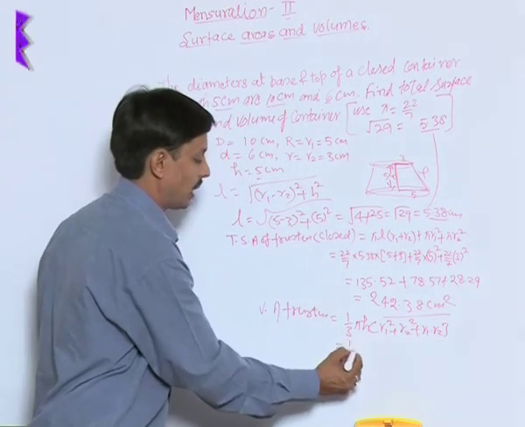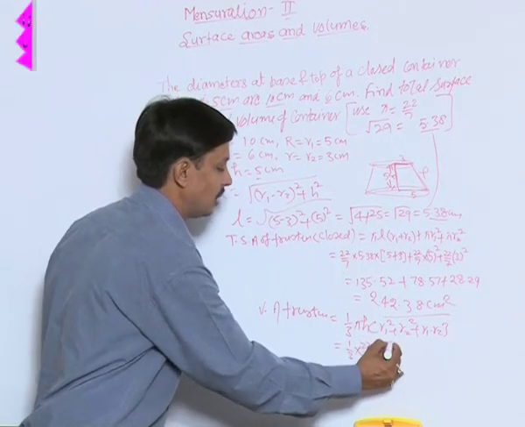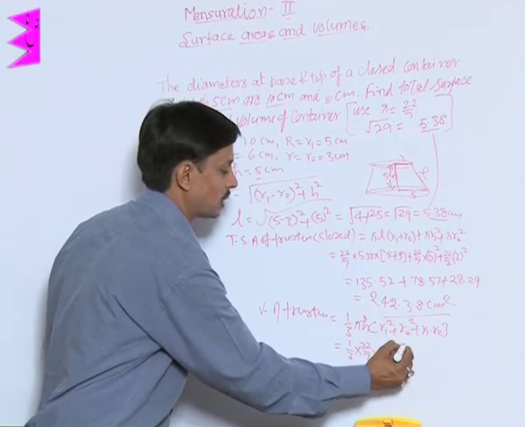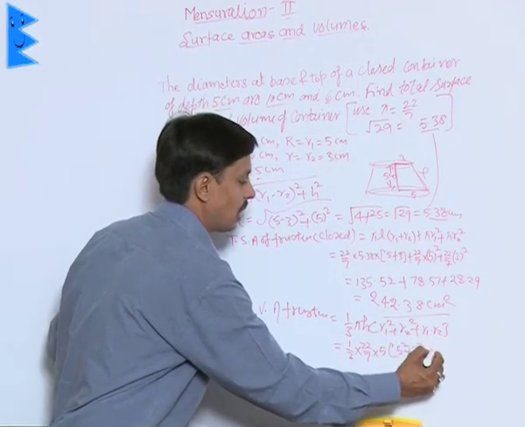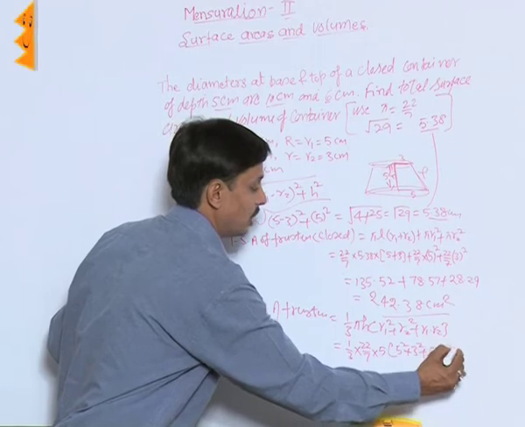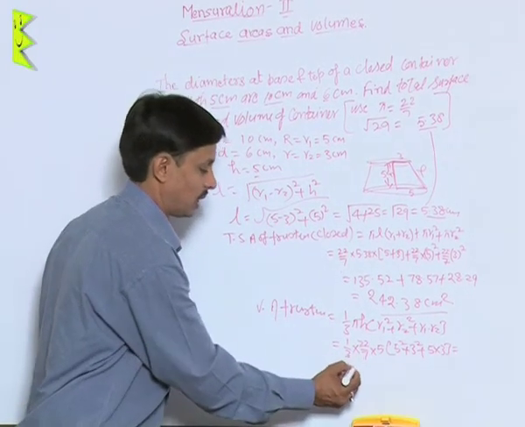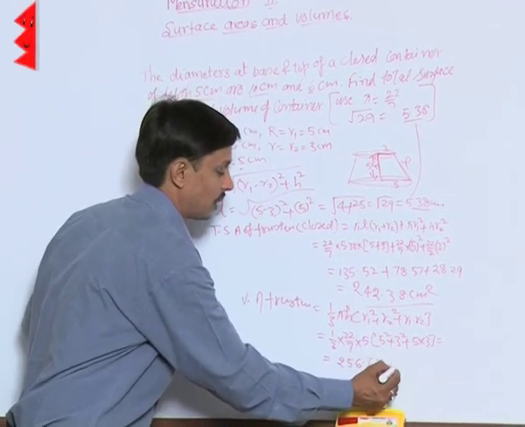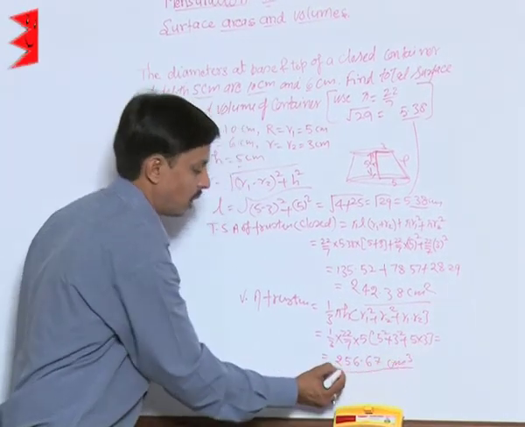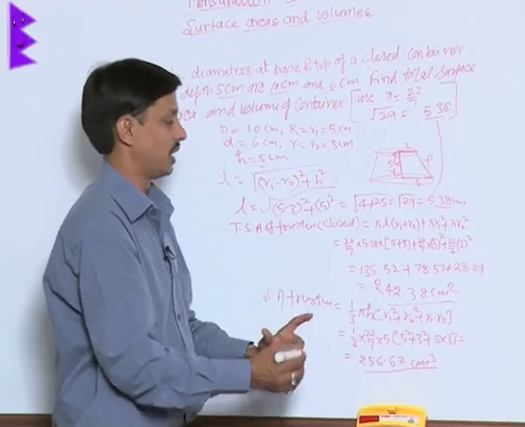You will get 1 by 3, pi means 22 by 7, height means 5, bigger radius 5 square, smaller radius 3 square plus 5 into 3. This gives us the net answer after all calculations as 256.67 centimeter cube. This is the volume and this is the total surface area.